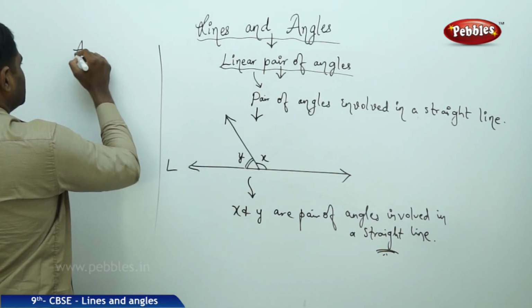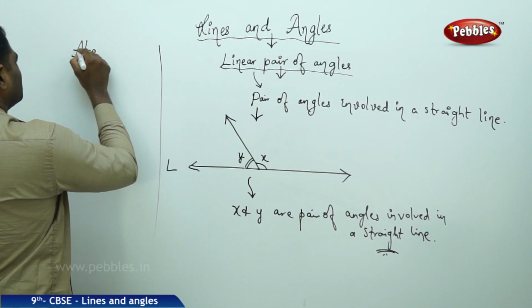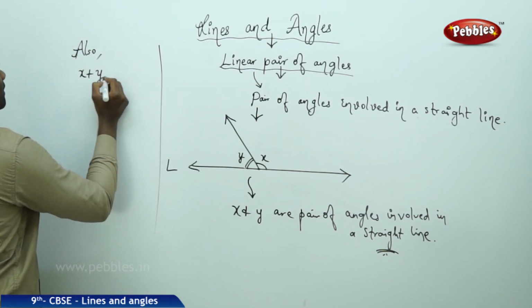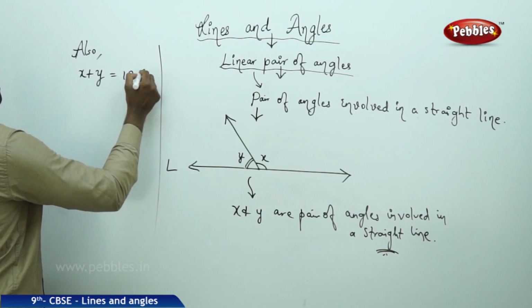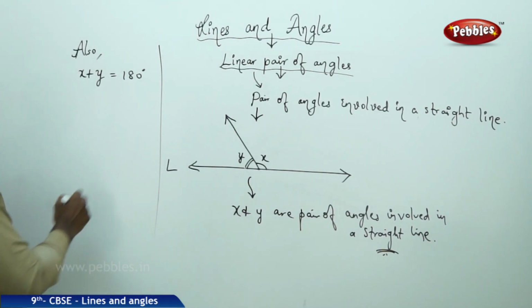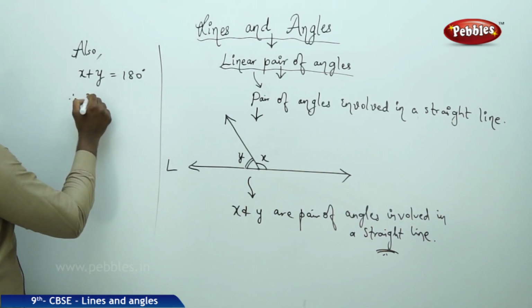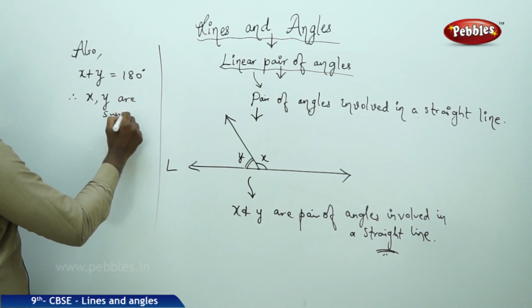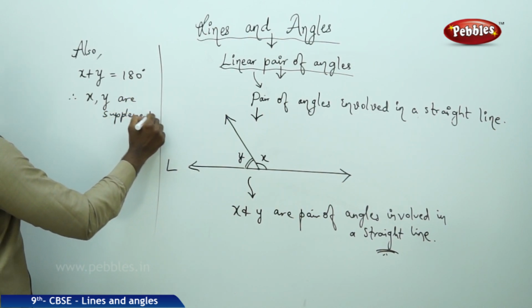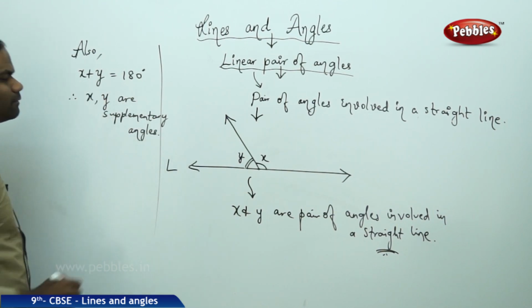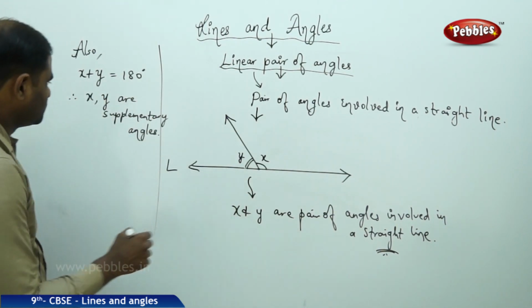Also, if you notice here, we observe that X plus Y equals 180, as can be seen in the linear pair, since L is a straight line. Therefore, I can say X and Y are supplementary angles.